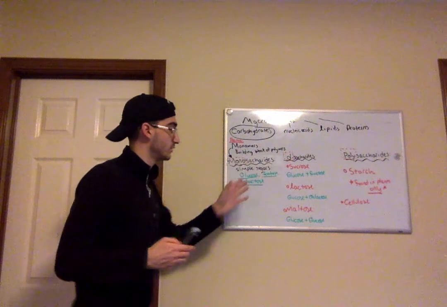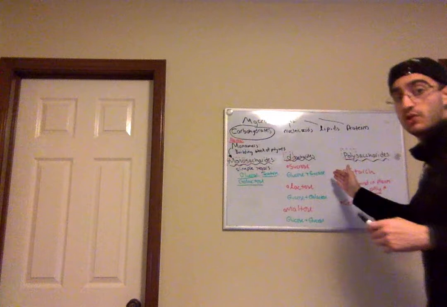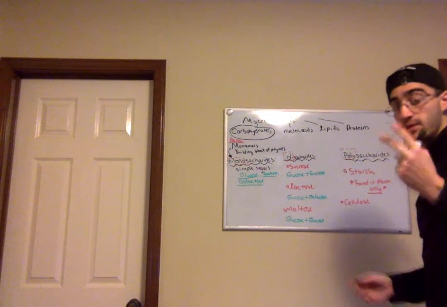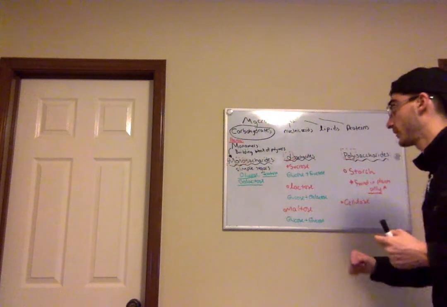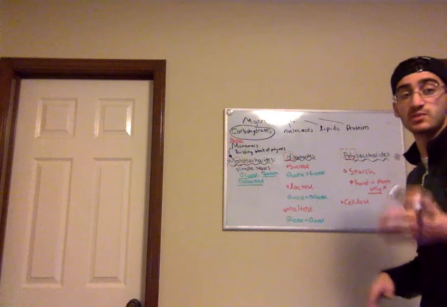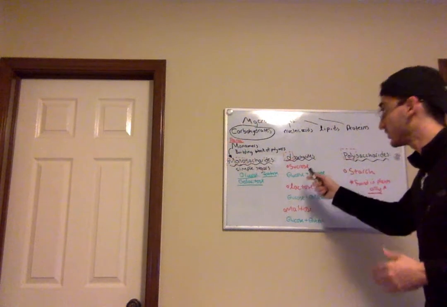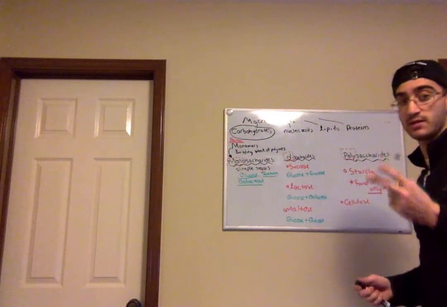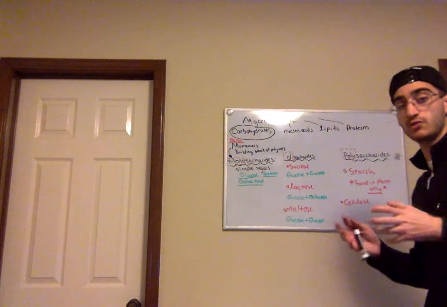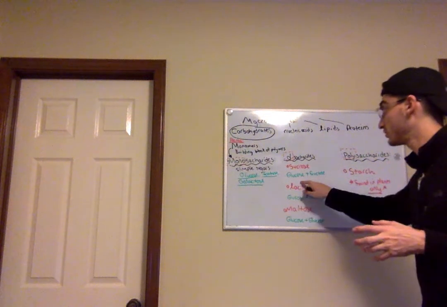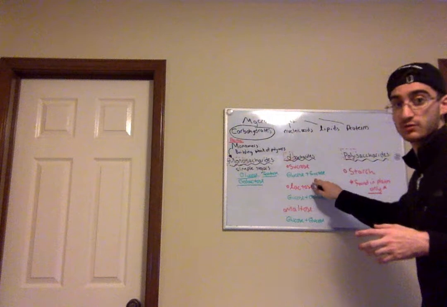So think about it this way. All you have to do is memorize that your disaccharides are made of two monosaccharides. You just need to memorize the specific ones. For sucrose, the two monosaccharides that combine together to make sucrose are glucose plus fructose.